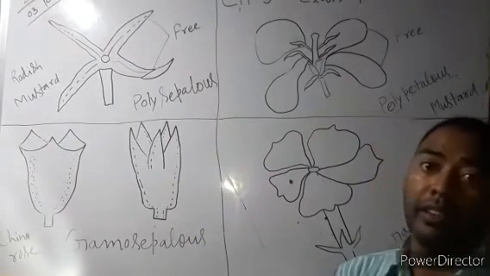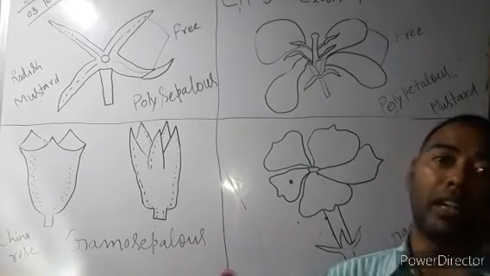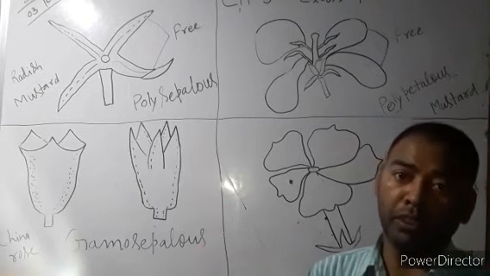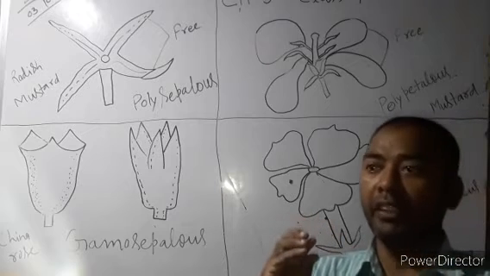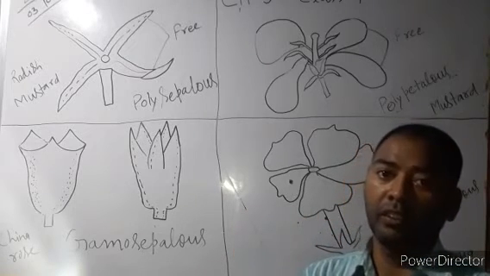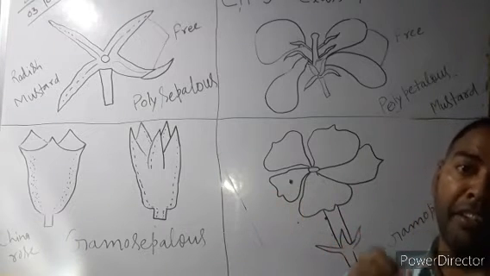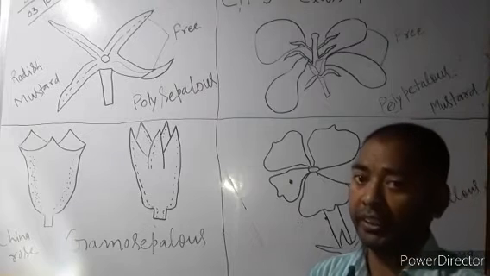First of all, what are the functions? It defends the floral parts. I have told you it is the outermost wall of the flower. So when it is in bud condition, all the floral parts embedded in the flower are defended by it. That is the first thing.